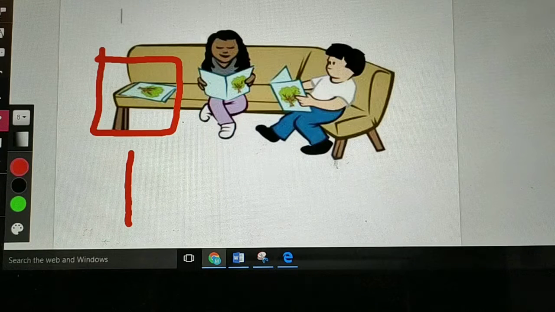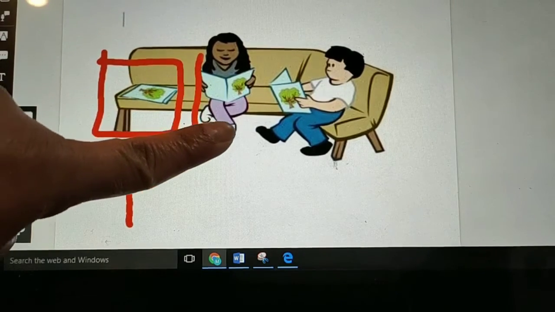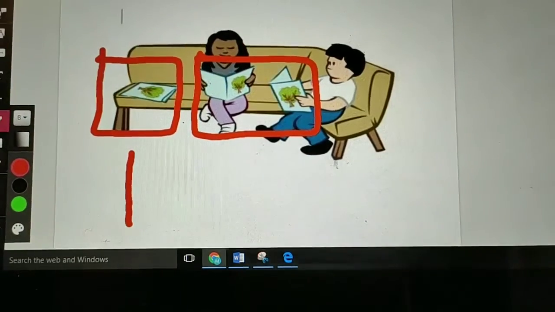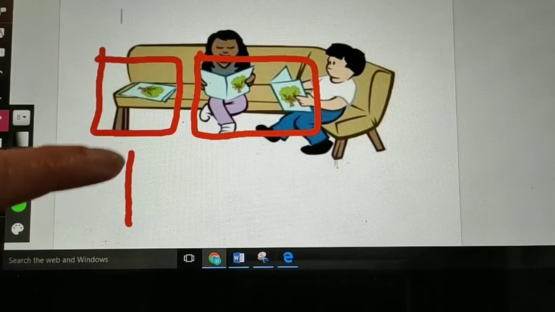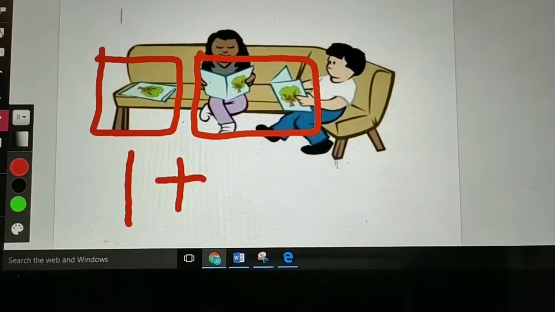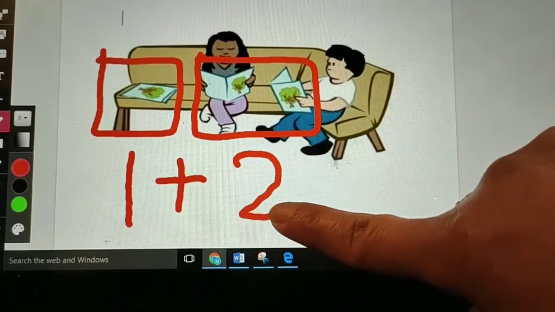2 books. Go ahead, draw 2 more books on your paper. Well, I put these 2 books inside a nice rectangle just like that. And I'm gonna say 1 plus 2 more. So I'm going to write number 2 just like that.